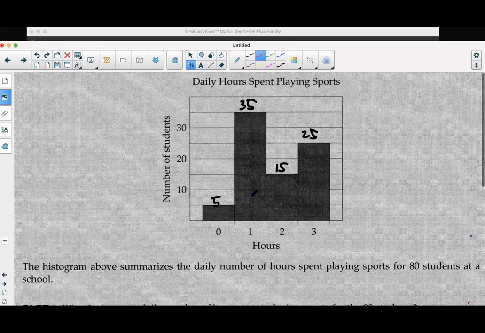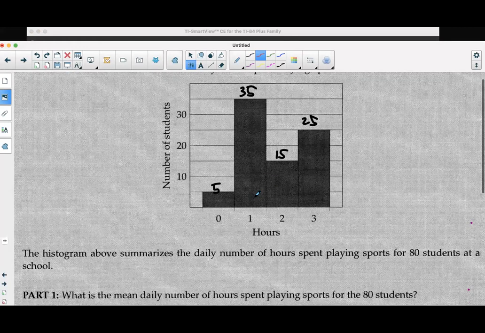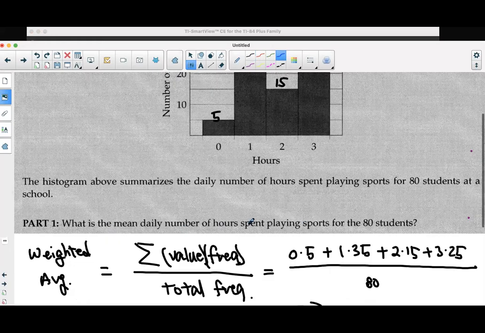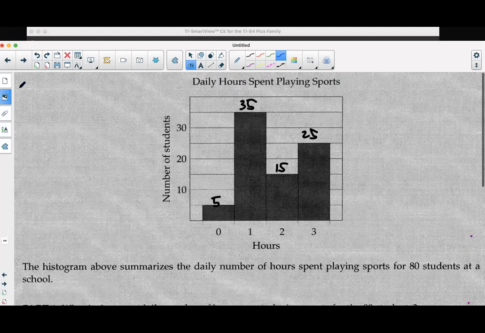Next, same context here, guys. Can you guys find the median? Part A is to find the average. Part B, part 2. Can you guys find the median?